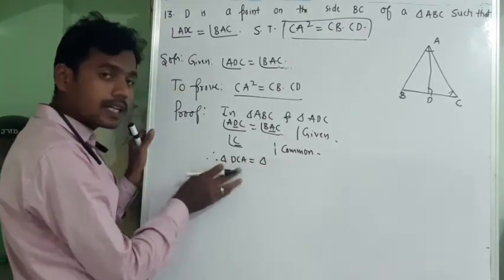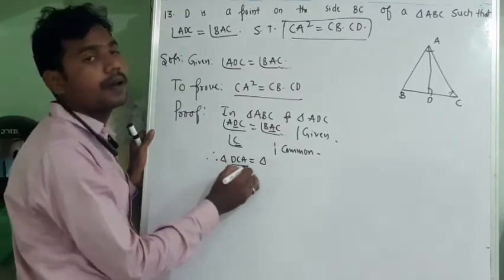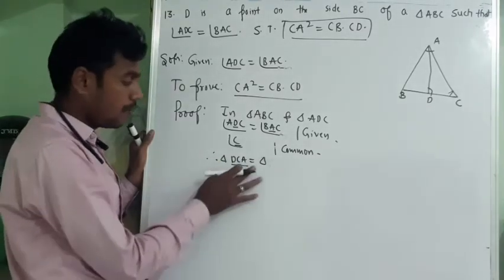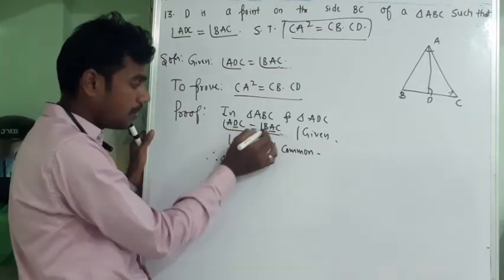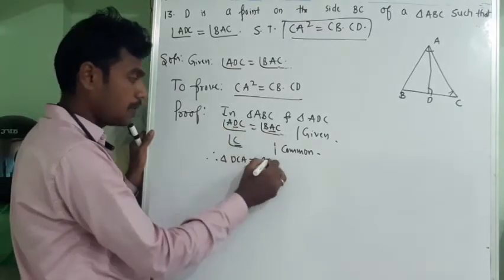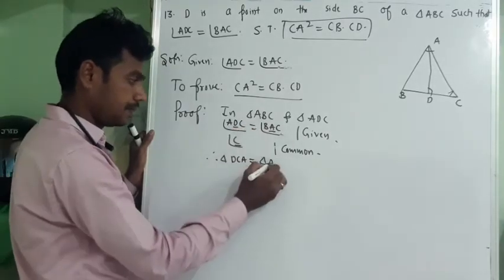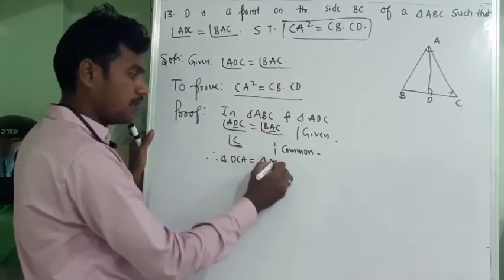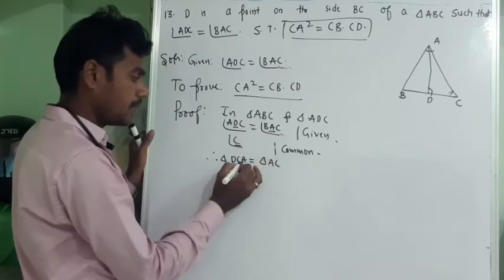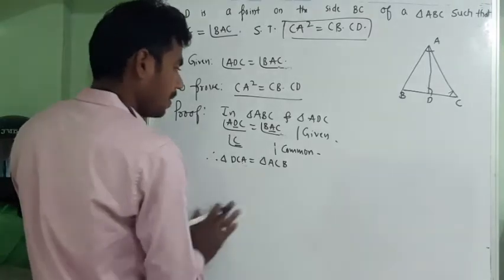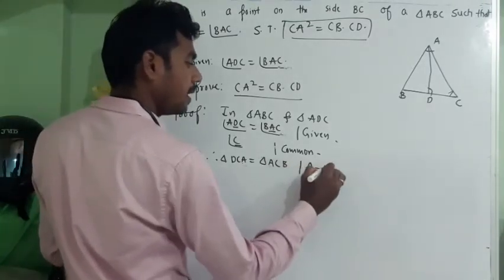We need to write the corresponding vertices in the proper order, then only we will be able to write the proportionality of the sides. So D corresponds to A, C corresponds to C, then A will correspond to B. That is the only thing left. So why? Because of the similarity criteria.